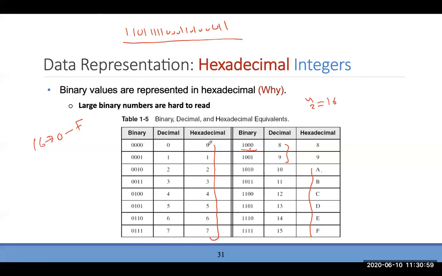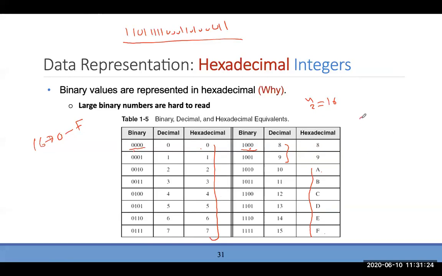If you start from 0 here, these are 16 symbols from 0 to 15, to F. So if you count them in terms of symbols, like 1, 2, 3, 4, 5, 6, 7, 8, 9, 10, 11, 12, 13, 14, 15, 16. So you have 16 symbols. So that's why, because you're going to represent anything in hexadecimal just using 4 bits right here.